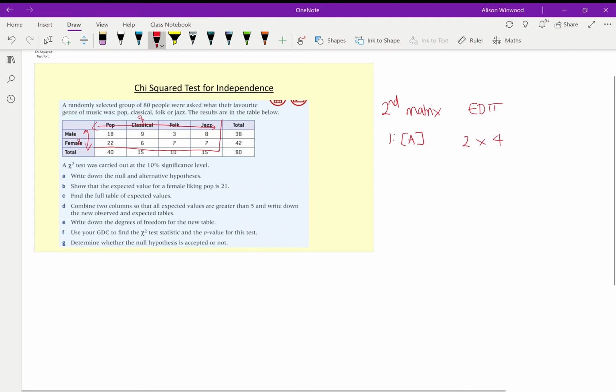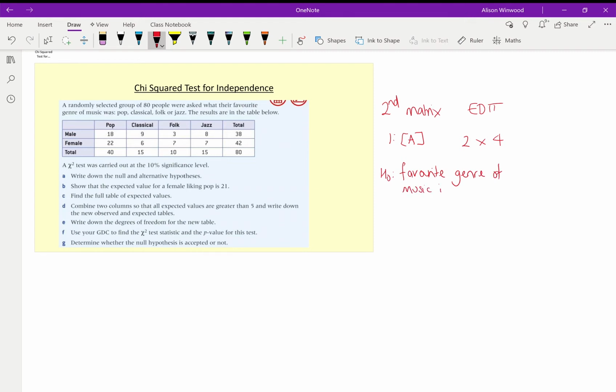Now, what are we comparing in this particular example? Well, we've got genre of music and gender. So our chi-squared test is for independence, so our H0 is that favourite genre of music is independent of gender, and our alternate hypothesis is that it's not.